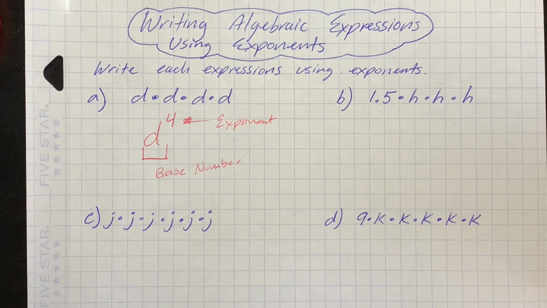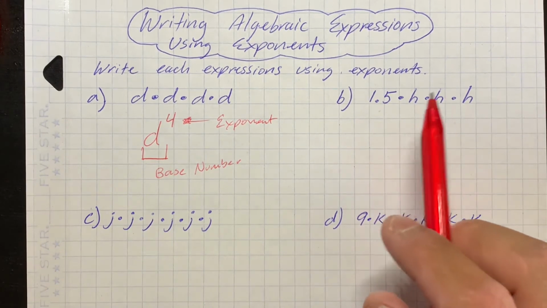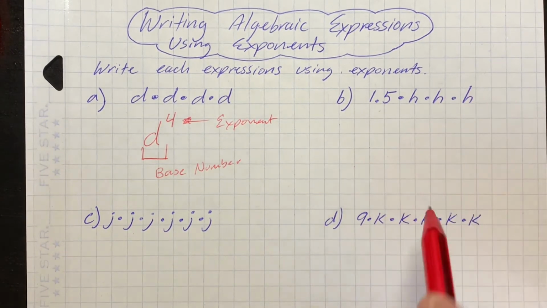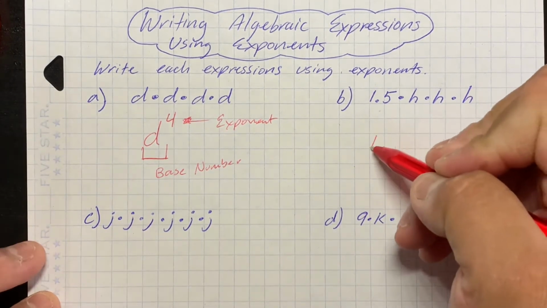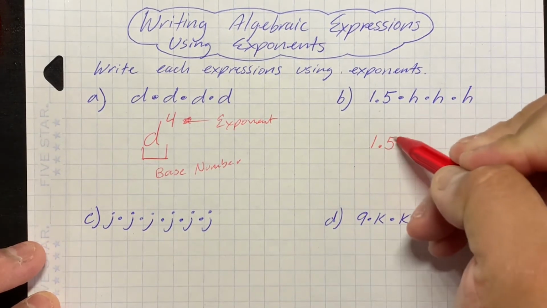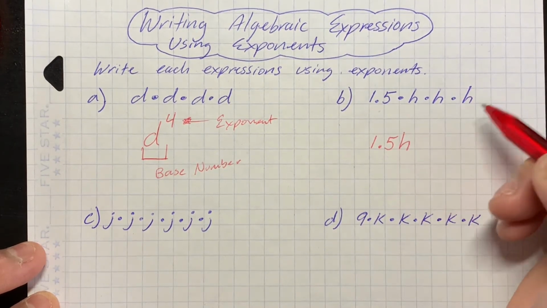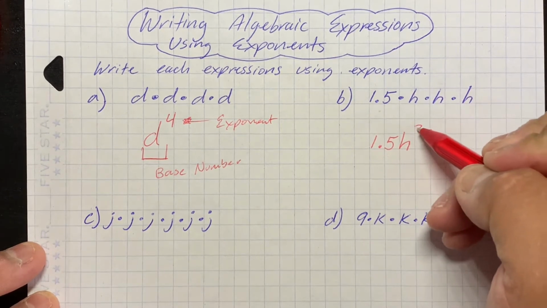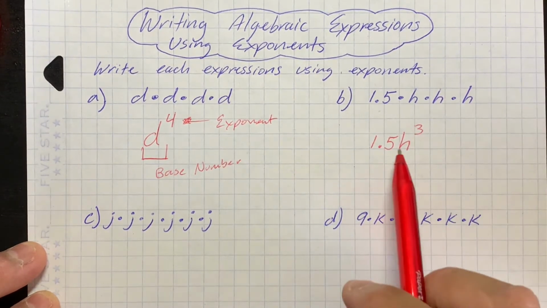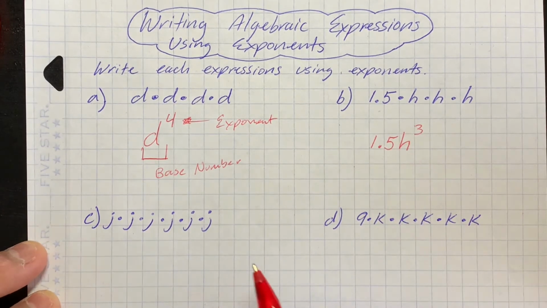So let's look at B. For B, we have 1 5/10 times h times h times h. Your coefficient, the number, is always going to be on the left side of the variable h. How many h's do you see? 1, 2, 3. So the expression will be 1 5/10 h to the third power. All right, there you go.